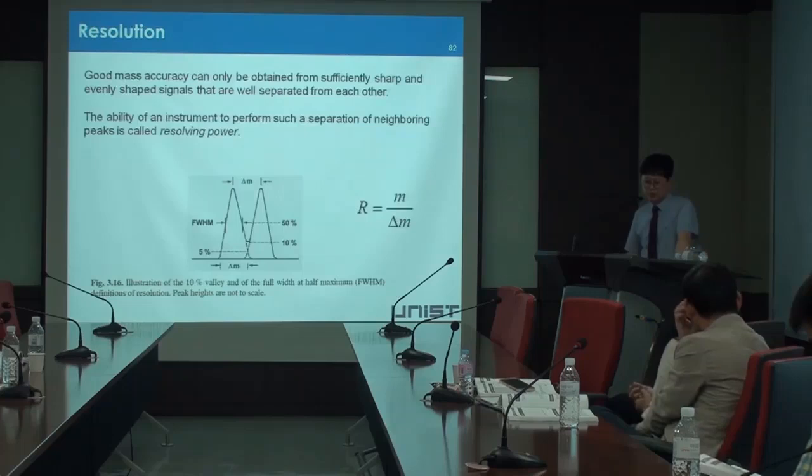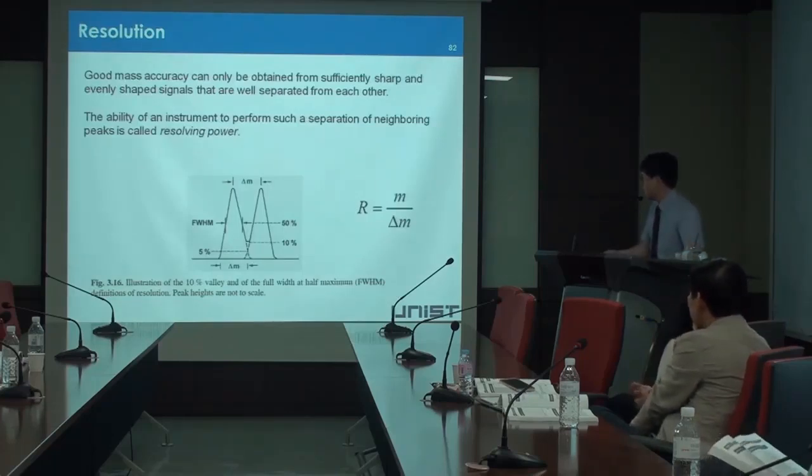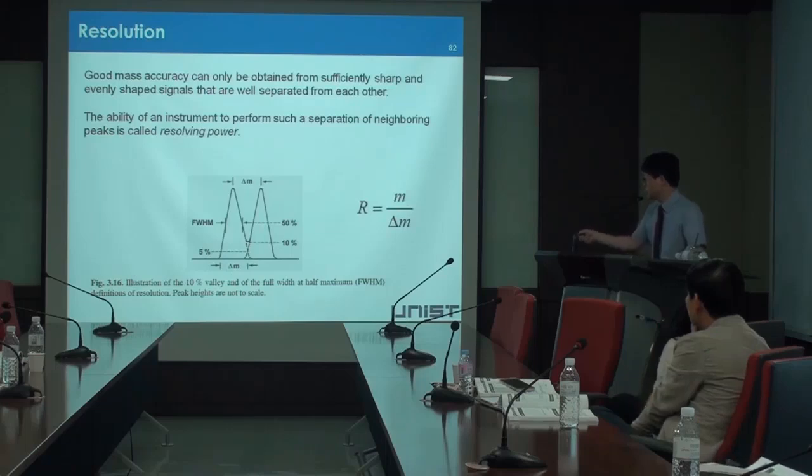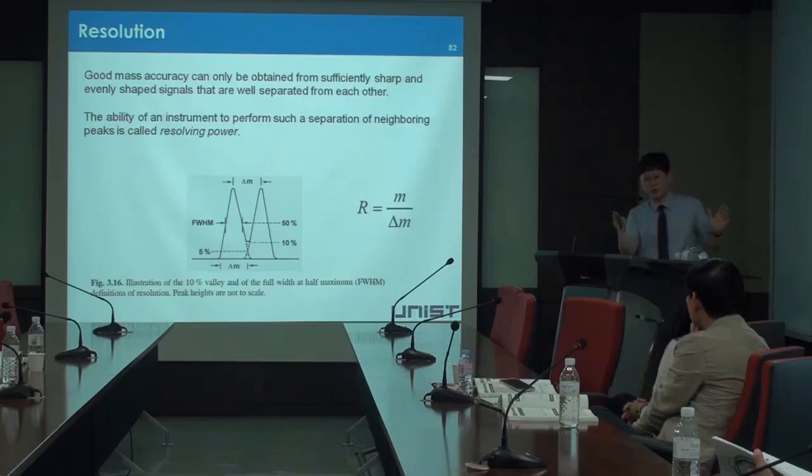And resolution is one of the important issues. We say R. R is calculated like this: M, the molecular weight, over delta M, the difference between nearby peaks. For these cases, delta M is here, and M is the molecular weight of this peak. If R is large, a very large number, it means the peaks can be perfectly separated.